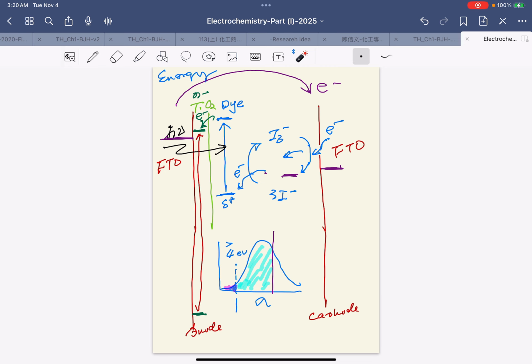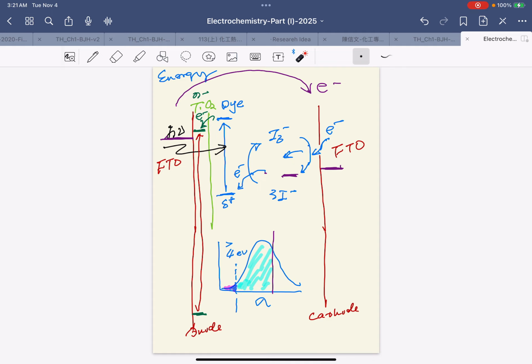So you can extend some ideas from, like, the dye-sensitized solar cell. So you put the cathode, this is the cathode side, this is the anode side. Of course, because it's a solar cell, you use light illuminated at this side, at the anode side.